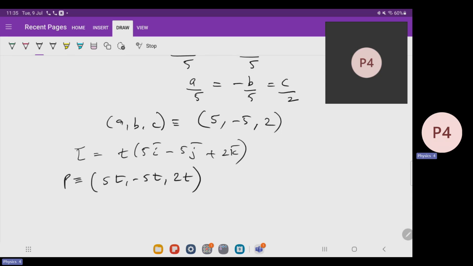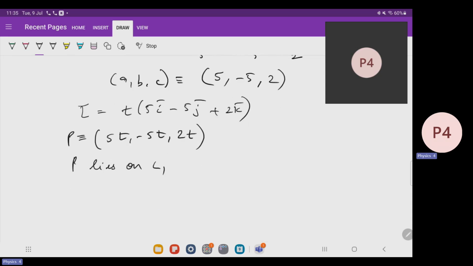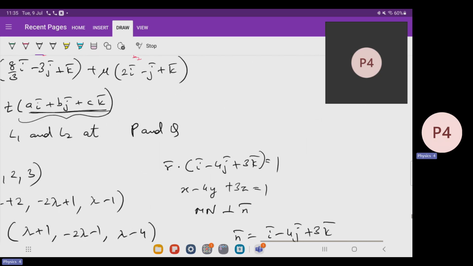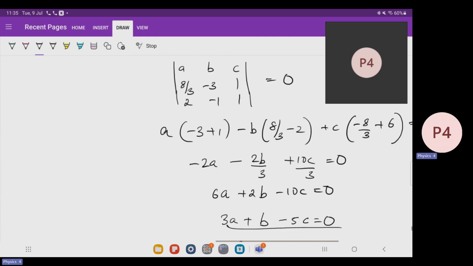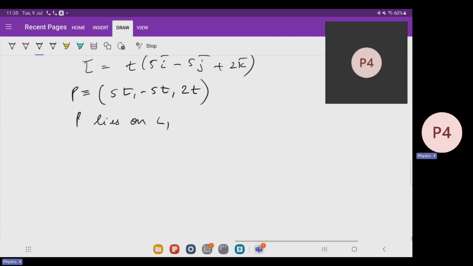Now P lies on L1, so it will satisfy the equation of L1. Now what is L1? You write it in the symmetric form. So L1 can be written as (x minus 2) upon 1 is equal to (y minus 1) upon minus 2 is equal to (z plus 1) upon 1.